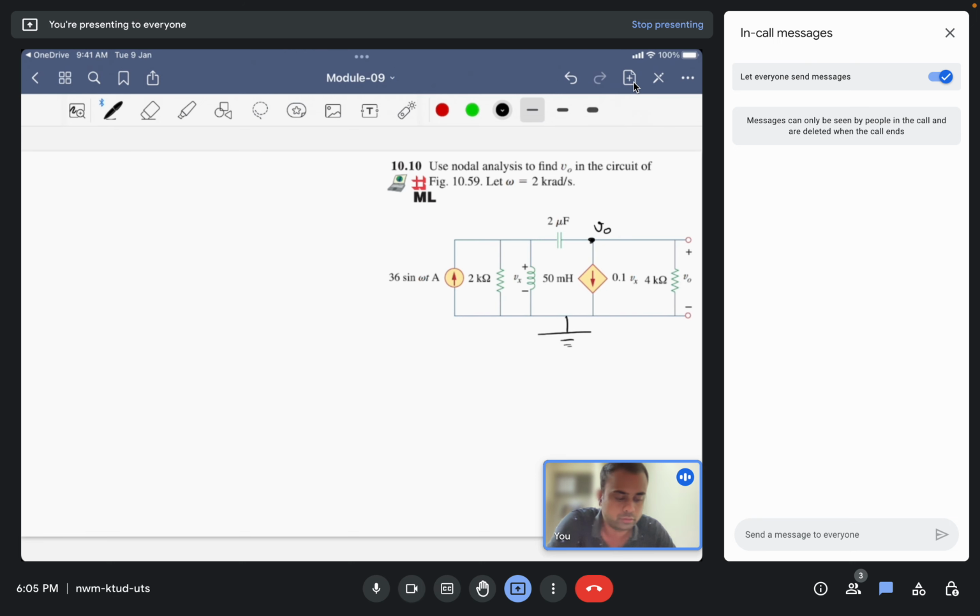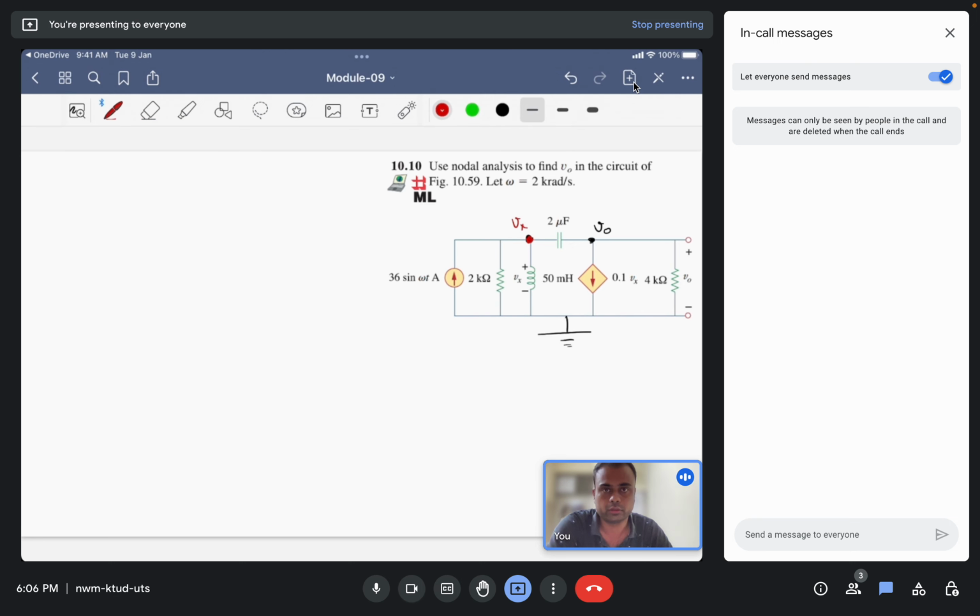Also there are some other nodes, again these two nodes, I'll mark in red. This node and this node are equipotential nodes. The potential at both the nodes will be the same, and that will be equal to Vx. So let us mark only the single node as Vx.